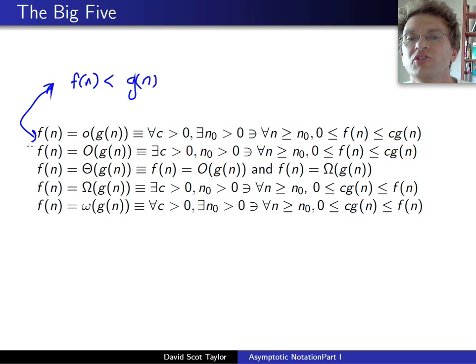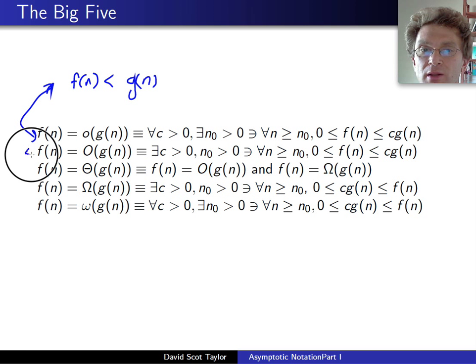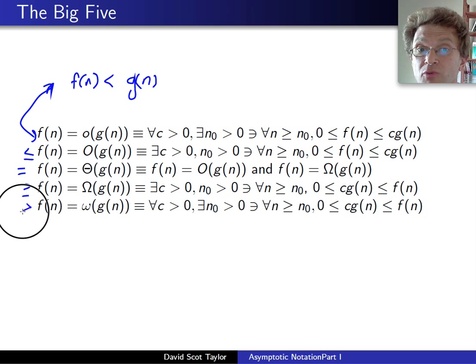It's similar to saying f of n grows strictly slower than g of n. This one is going to be like less than or equal. This one's going to be like equal. This one's going to be like greater than or equal to. This one's going to be like greater than. So if we put them in some order, we see there's a little more structure to what these mean.